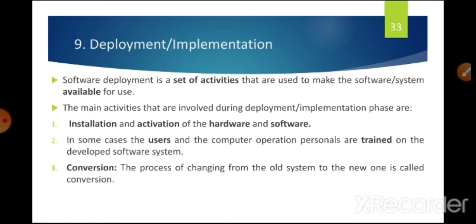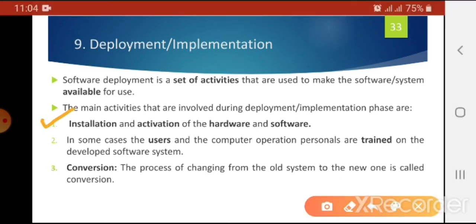deliver the software. In deployment, a set of activities is performed by which we make the software available for use to the customers. The main activities involved during the deployment or implementation phase are: installation and activation of software and hardware both.